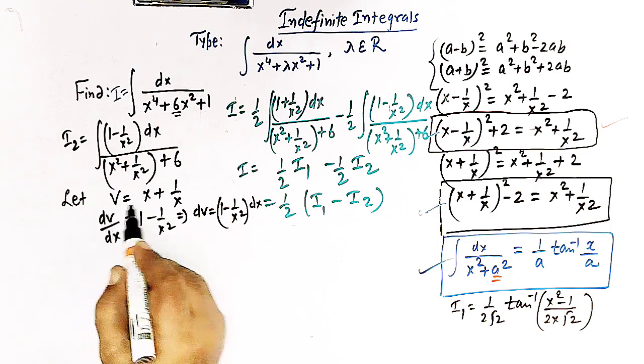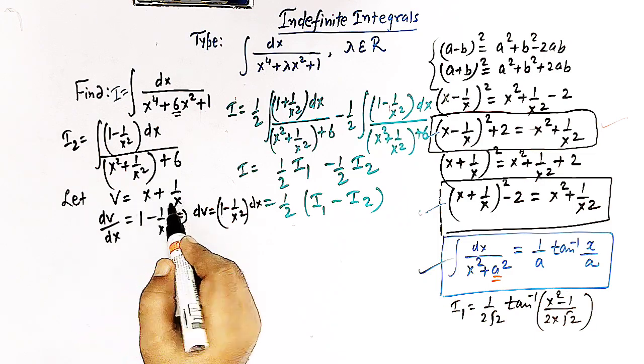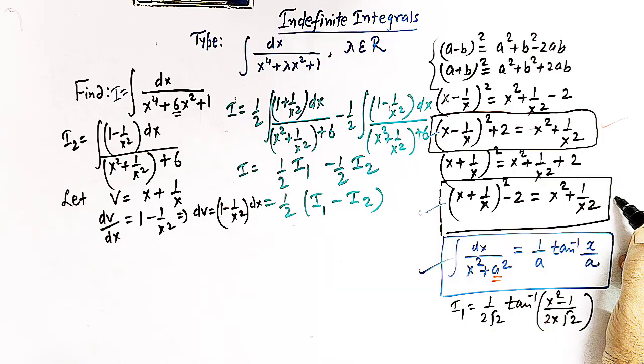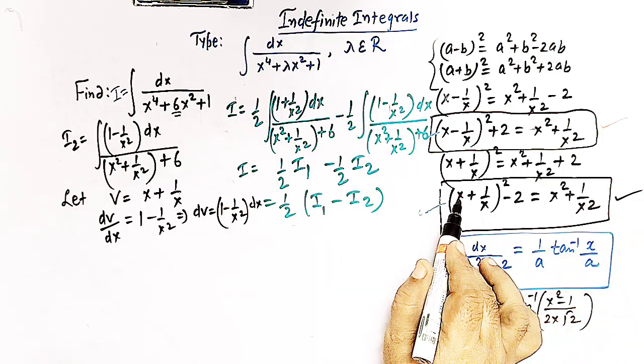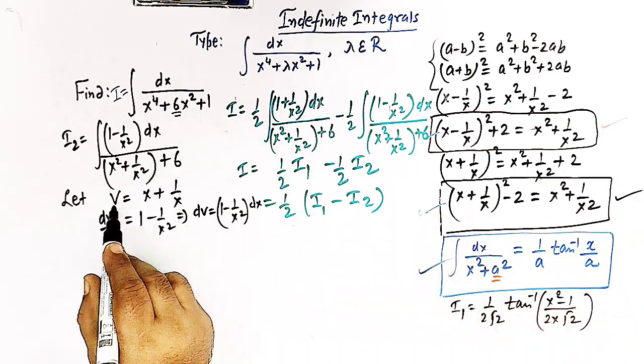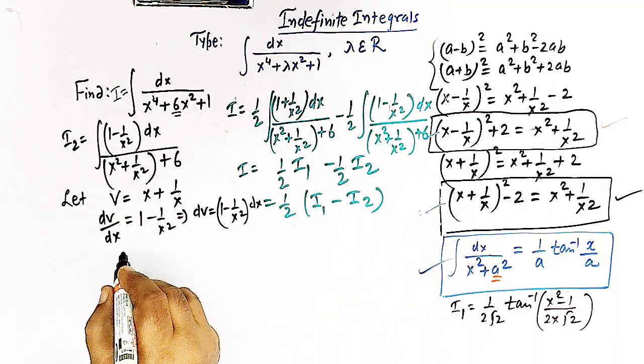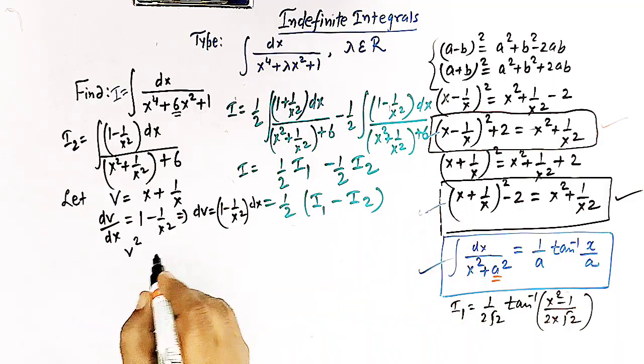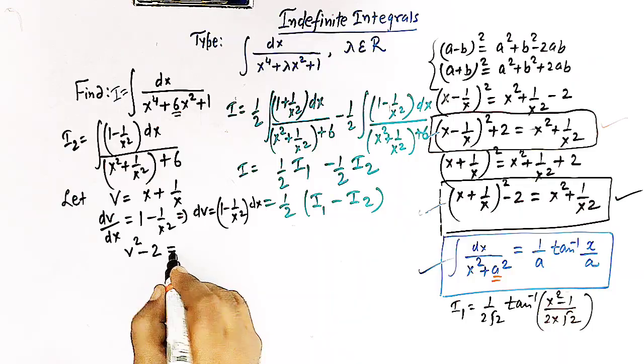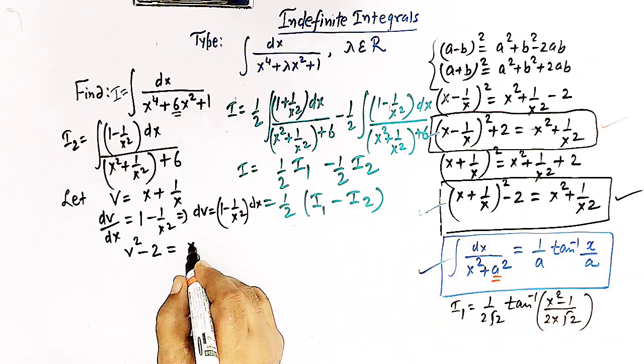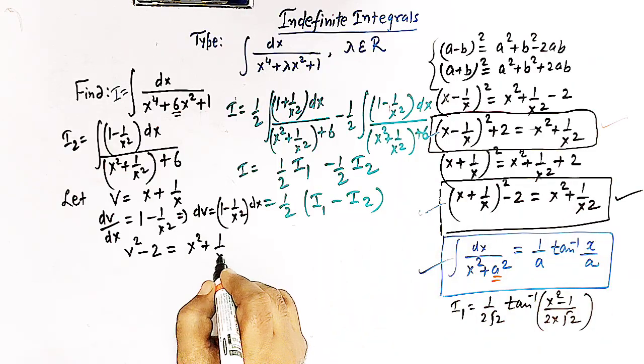And when we have v is equal to x plus 1 over x, we can make use of this result, that is x plus 1 over x is v. So here we have v square minus 2 is equal to x square plus 1 over x square.